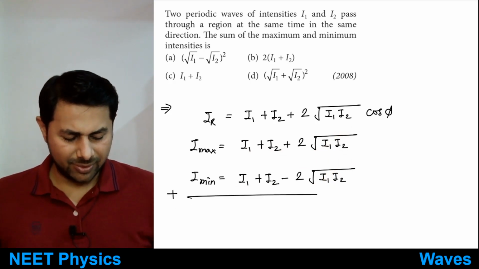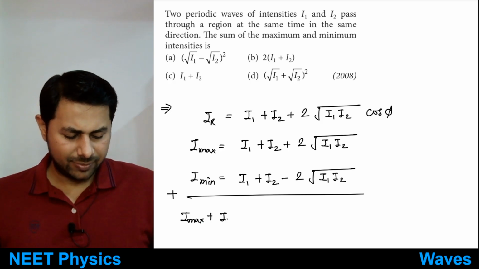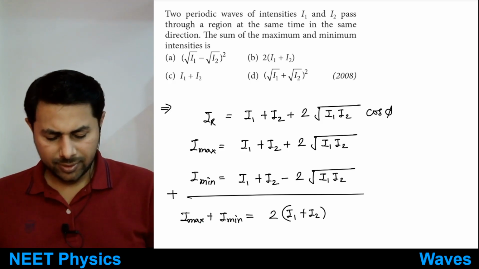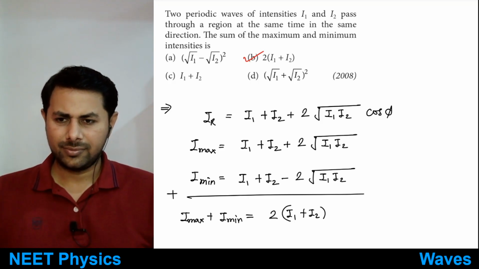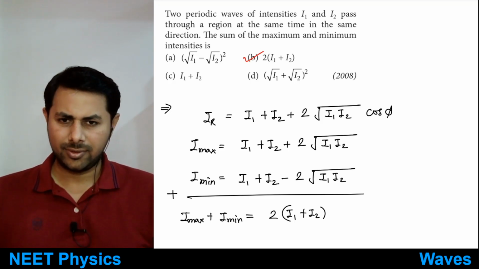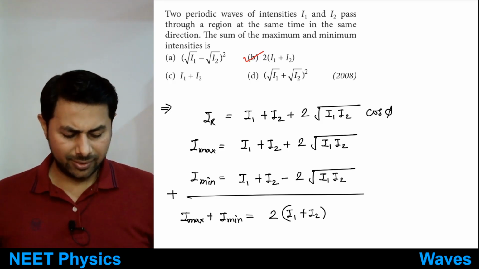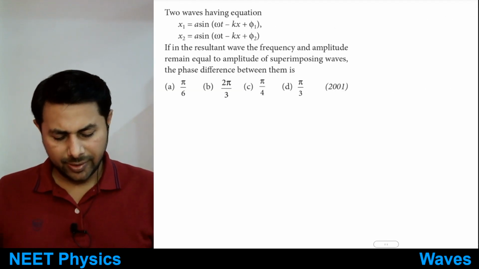If you add it up, I max plus I min is just 2 times of I1 plus I2. So it is option B. This is clear? If you remember the formula, it's very simple, right? Okay, good. Let's see the next one.